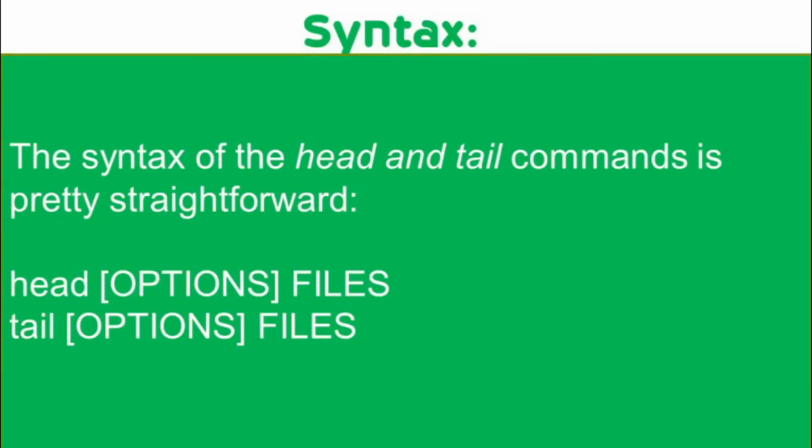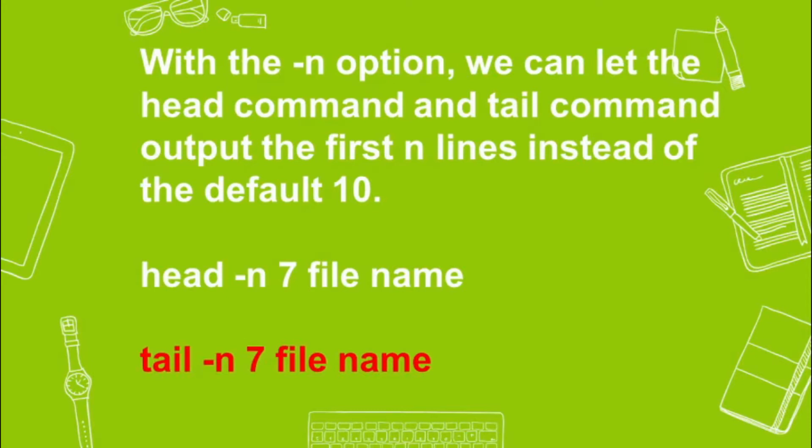Syntax. The syntax of head and tail command is pretty straightforward. Head space option space file name. Same for tail: tail space option space file name. We have a -n option which is very useful to us. We can let the head command and tail command output a specific number of lines instead of the default 10.